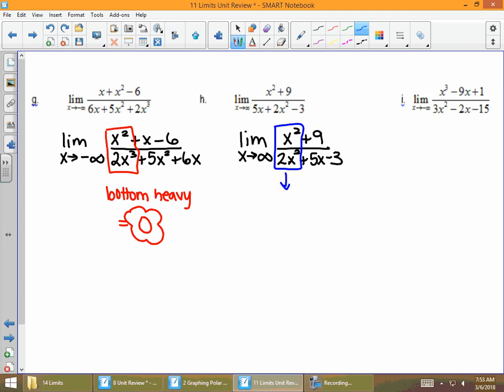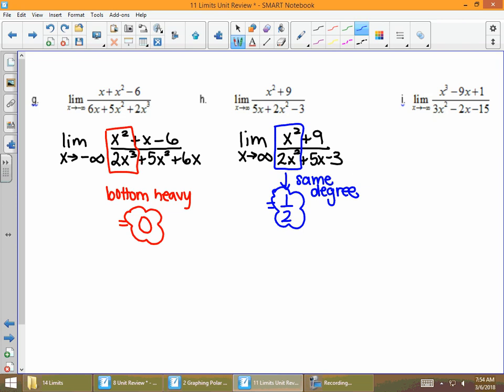So here, x squared over 2x squared is going to reduce to 1/2. So our horizontal asymptote would be at y equals 1/2. And our limit as x approaches positive infinity and negative infinity would also be 1/2. That's because those are the same degree. You just cancel when you do your end behavior model.